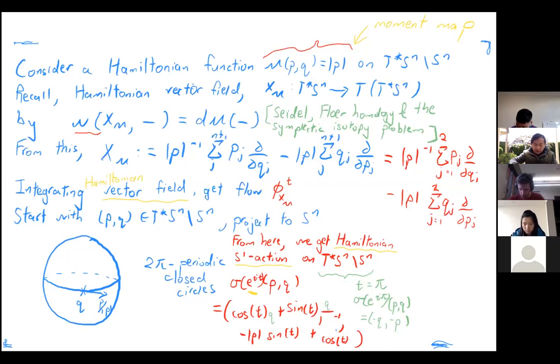If I look at the Seidel thesis, yes, p and q should swap.